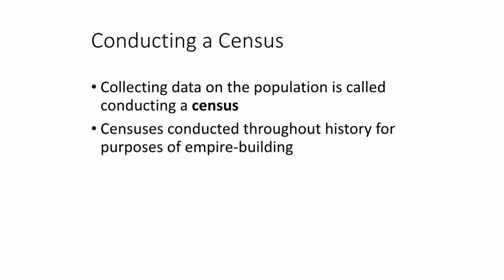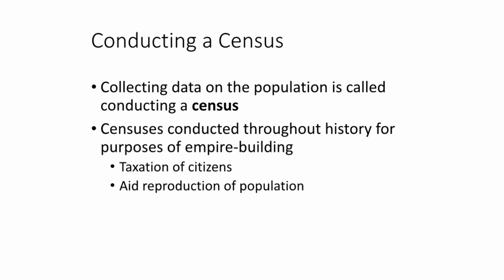A state or an empire would collect information on all of their citizens for collecting money, for taxing them, for trying to encourage population reproduction, because a reproducing, growing population has historically led to a stronger, larger empire. Also, these states and empires collected a census in order to recruit able-bodied men for war and battle.